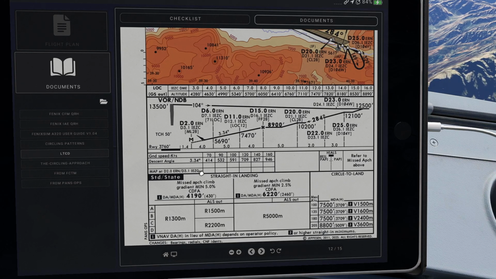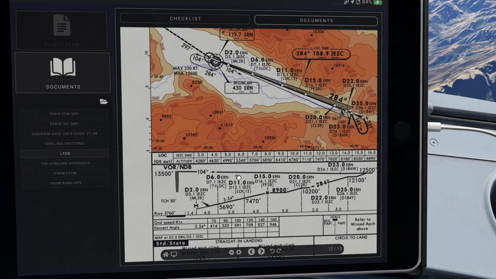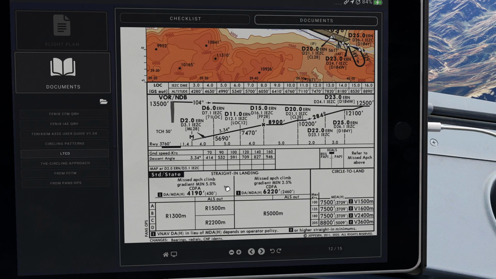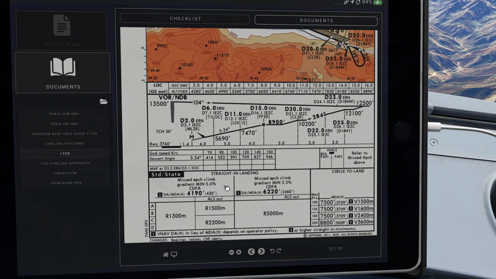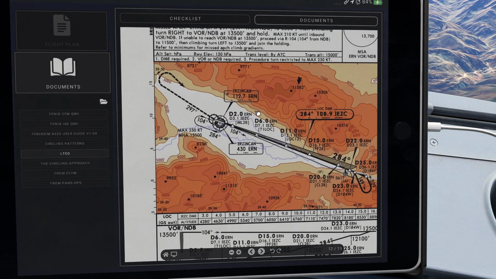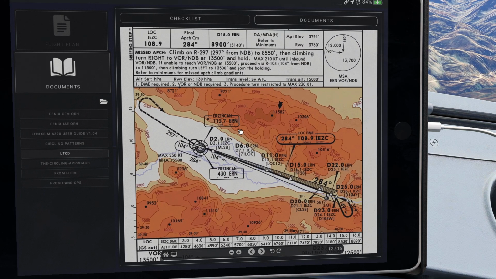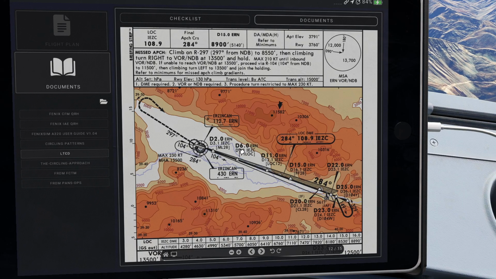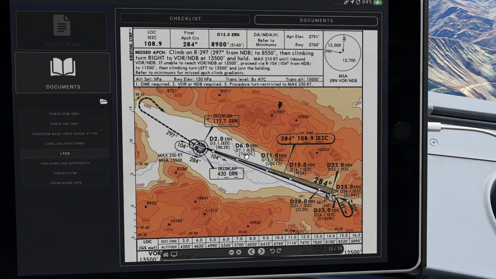In case of a missed approach, we need a missed approach climb gradient of a minimum of 5% if we go for this procedure. I'm not eager to do this procedure because of these three items I explained.